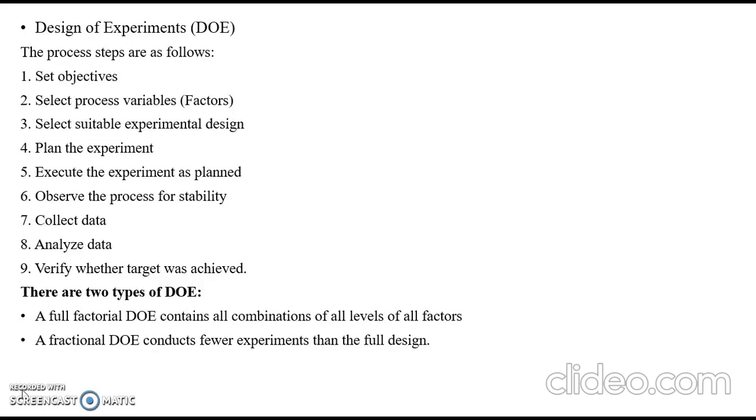So, DOE begins with determining the objectives of the experiment and selecting the process factors for the study. An experimental design is a laying out of the detailed experimental plan in advance of doing the experiments. A well chosen experimental design maximizes the amount of information that can be obtained for a given amount of experimental effort.